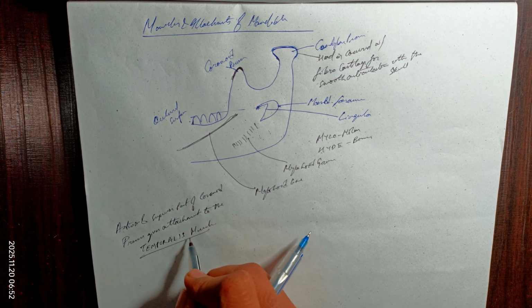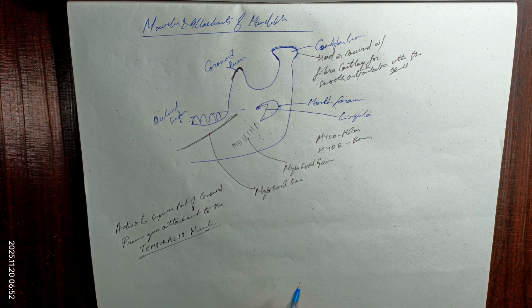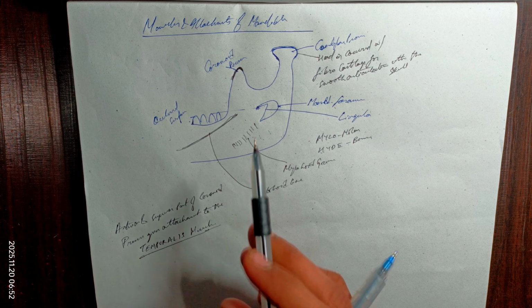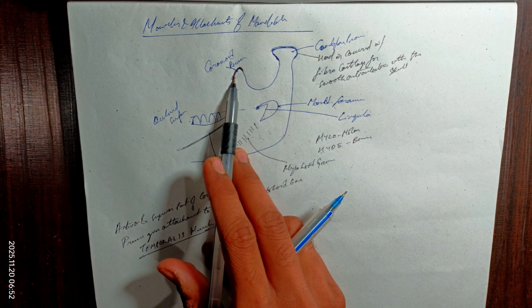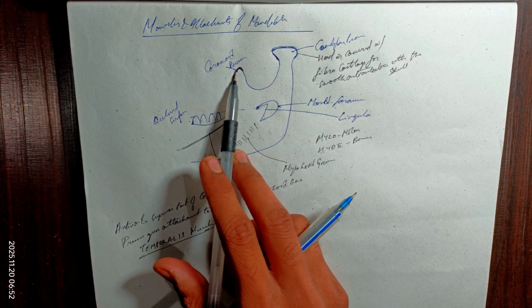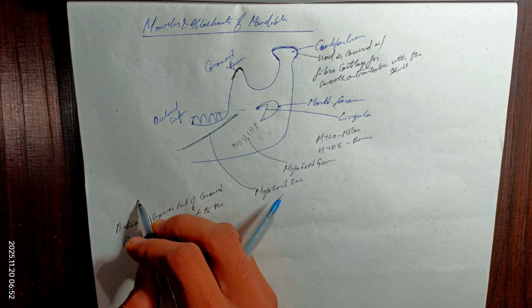You can feel this muscle when you move your jaw and put your finger on the temple. So this attaches from the temple and the other end attaches to the coronoid process. Okay, this is one.